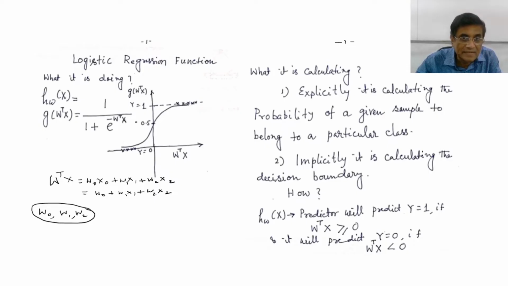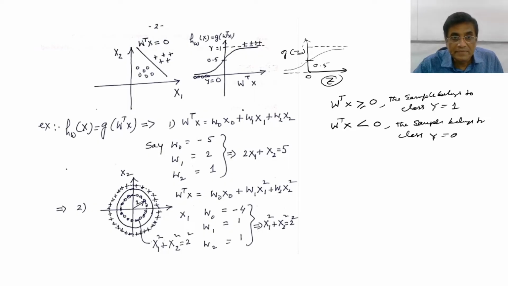If this is greater than or equal to 0, then by virtue of the characteristic of the sigmoid function, which passes through the threshold 0.5, if w transpose x is greater than 0, then in this zone everything belongs to class 1. If it is in this zone, everything belongs to this. So this is a beautiful observation. Implicitly, within that function itself, you are able to get the decision boundary.